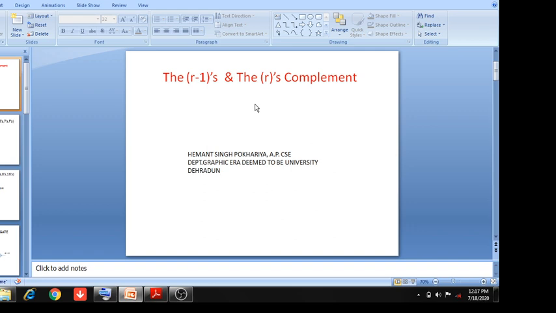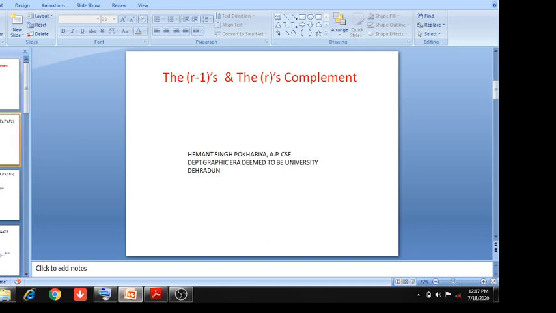What we do, just we determine 3's complement, either r minus 1's or r's complement, and then we add in 5. Means a minus b is nothing, it is a plus r minus 1's or r's complement of b.